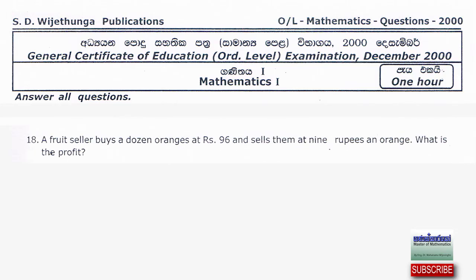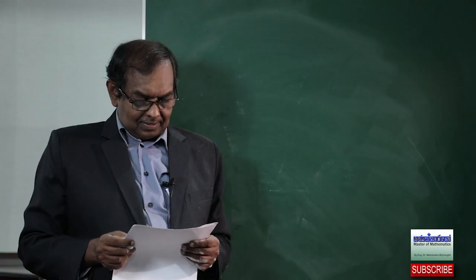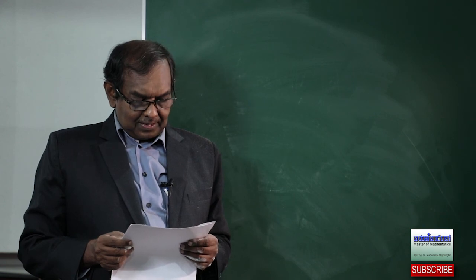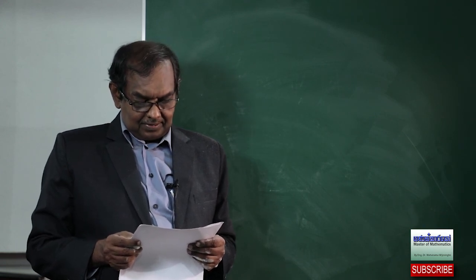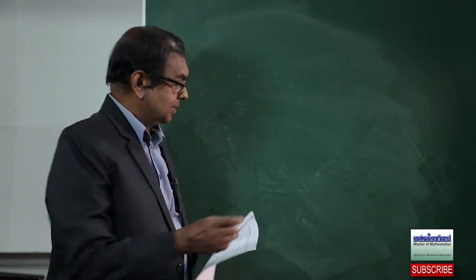A fruit seller buys a dozen oranges at rupees 96 and sells them at 9 rupees an orange. What is the profit? The seller buys a dozen oranges at 96 rupees.